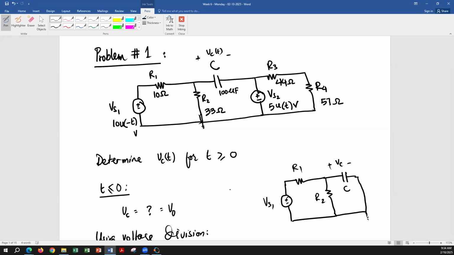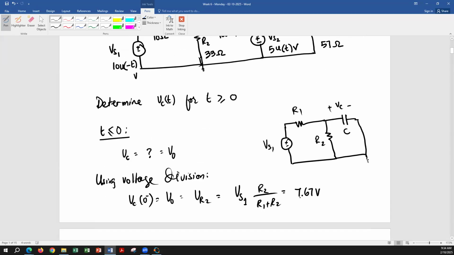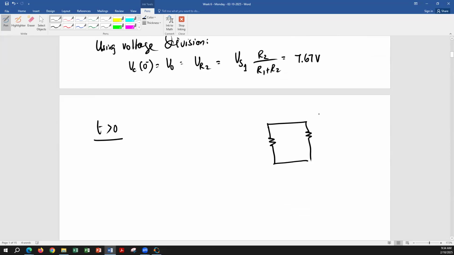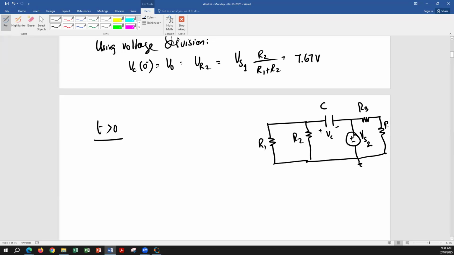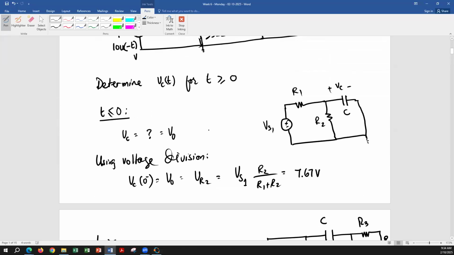So if I want to draw my equivalent circuit after the change, I have R1 and R2 in parallel, C, VS2, and then R3 and R4. So this will be my equivalent circuit when the change is going to happen.